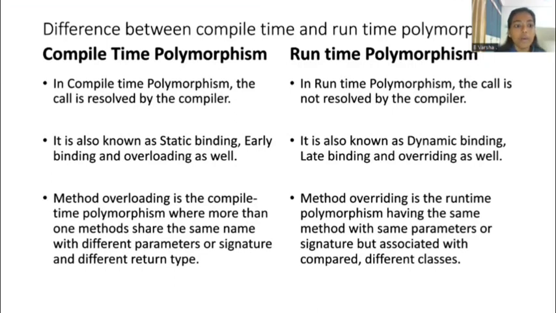Method overloading is compile time polymorphism where more than one method shares the same name with different parameters or signature and different return types. Method overriding is runtime polymorphism having the same method with the same parameters or signatures but associated with different classes.